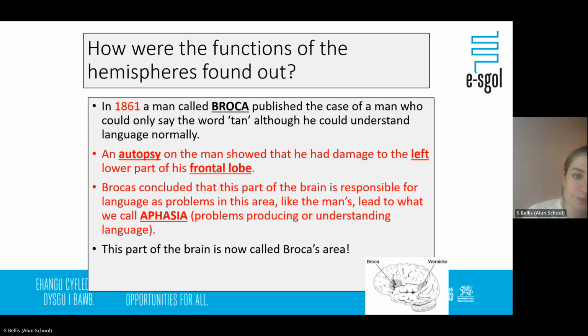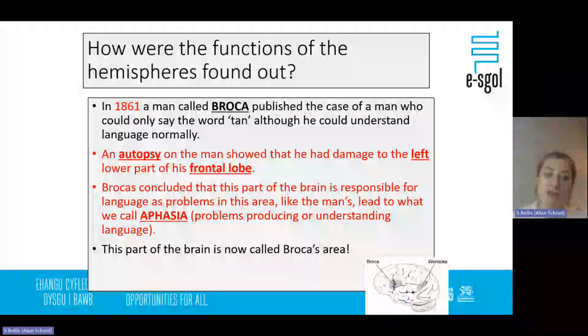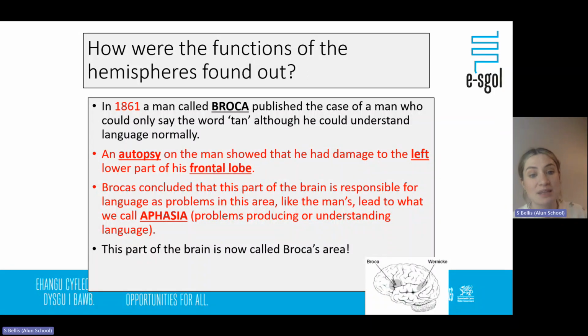Now, the brain showed damage to the left lower part of the frontal lobe. Now, left, remember, is language. And obviously, only producing the word tan is to do with language. And it was the lower part of his frontal lobe. Broca concluded that this part of the brain is responsible for language, as problems in this area led to what we call an aphasia.